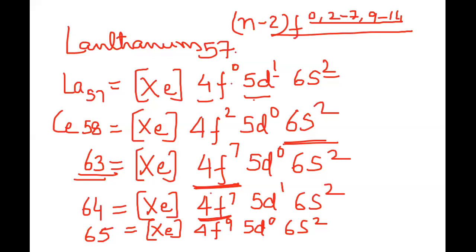Then you have (n minus 1) D, and then NS2. The 3 outermost shells are being filled up, and this belongs to the lanthanide series. Lanthanum is the element that leads this set of elements. So this is about the electronic configuration that we were talking about.